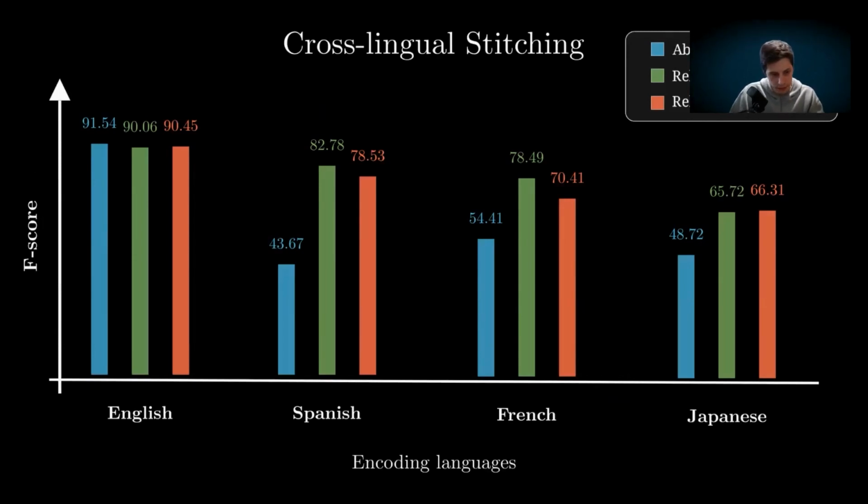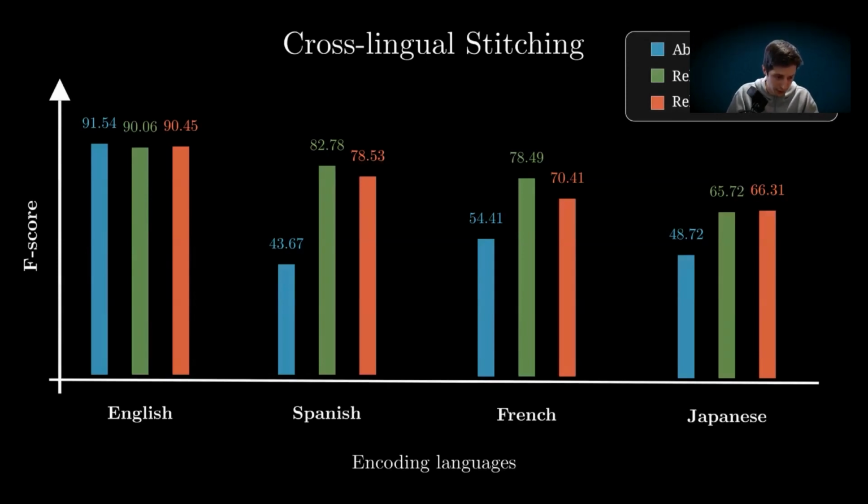So this experiment was performed on the Amazon dataset. The Amazon dataset is basically a dataset of reviews in different languages, and each review has a star rating. And the task is to predict the number of stars that each review has given.